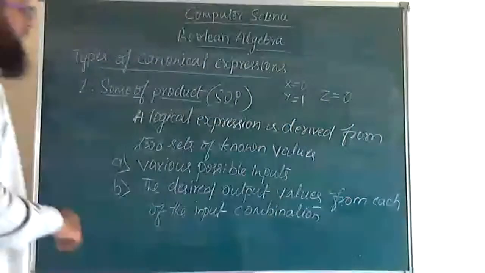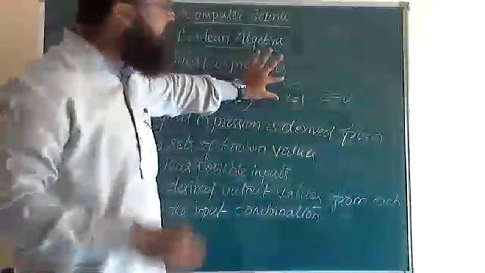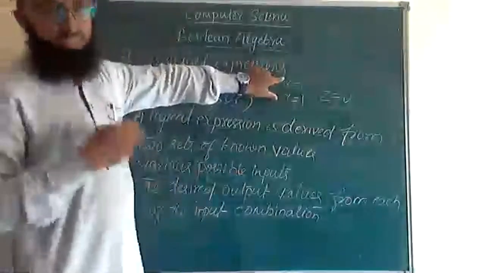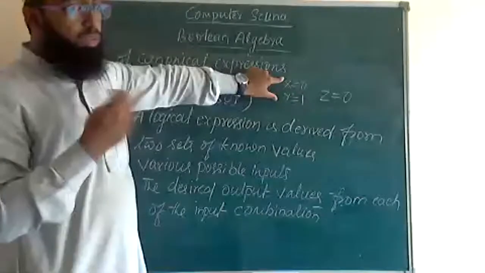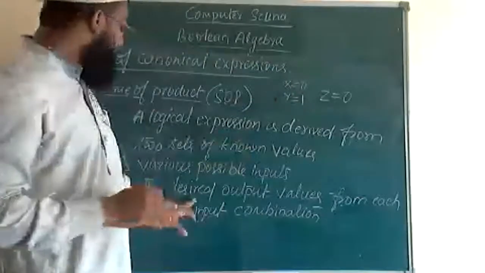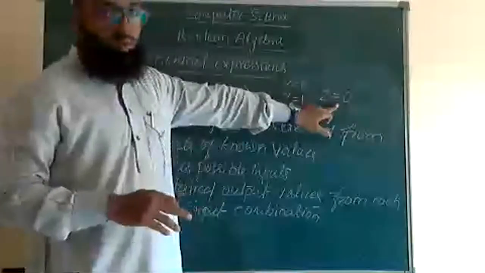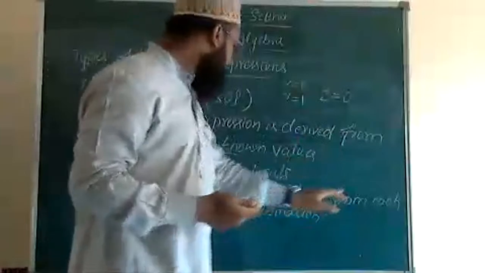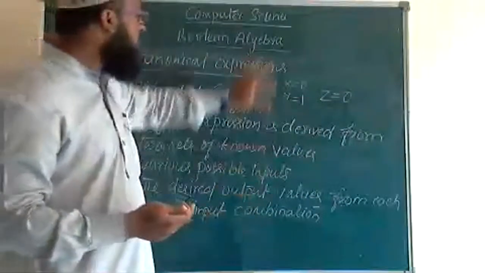From each of the input combinations, various possible inputs, any number of inputs it desires, we can give various inputs. The first thing is the desired output, the required output value from each of the input combinations.